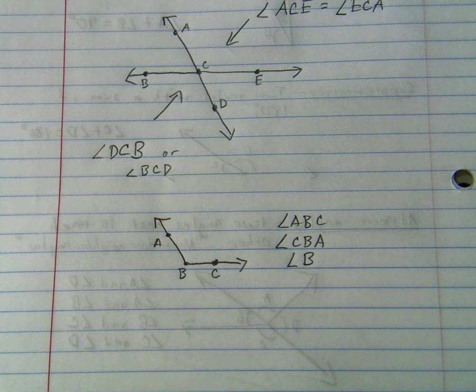I prefer you use the three-letter model, but occasionally somebody will ask you for one letter, maybe on a test or in the book. Sometimes they do that. So if that situation arises, know that this is also angle B. Because they may say, what angle is this? And they'll say A, B, or C. And you have to say, well, that's angle B. But that's a hypothetical situation that I hope you don't run into.